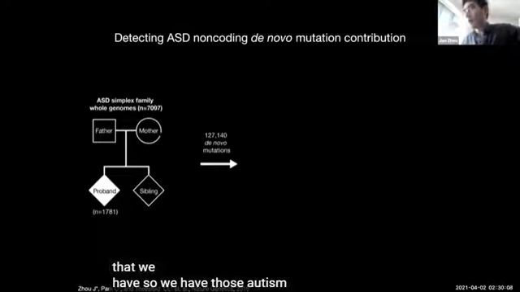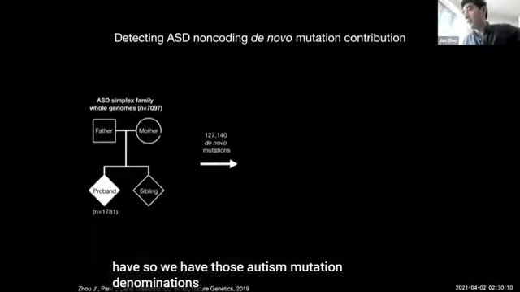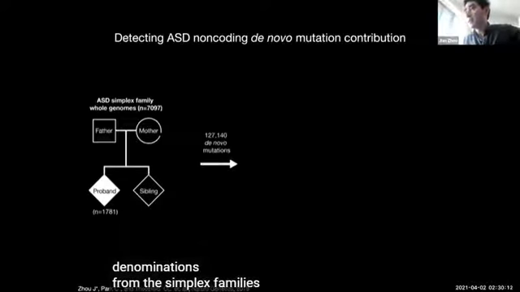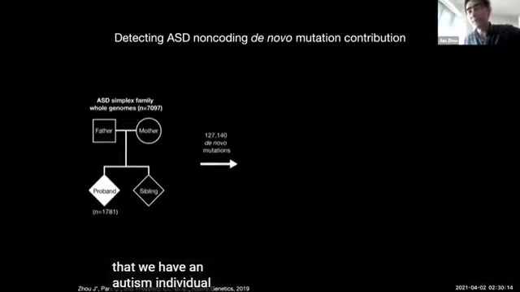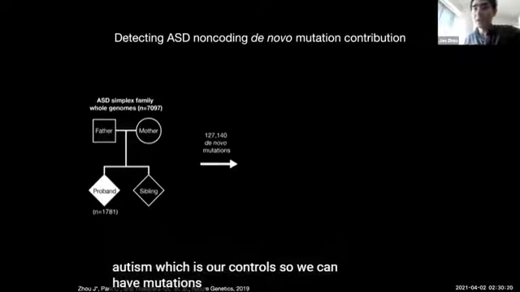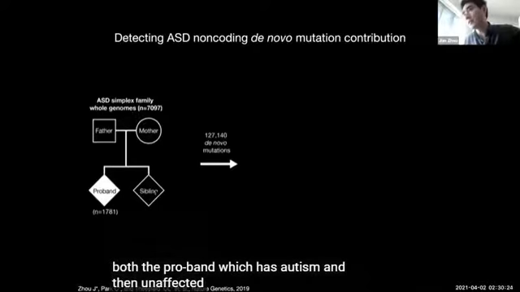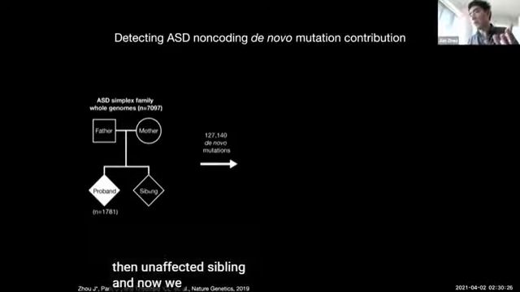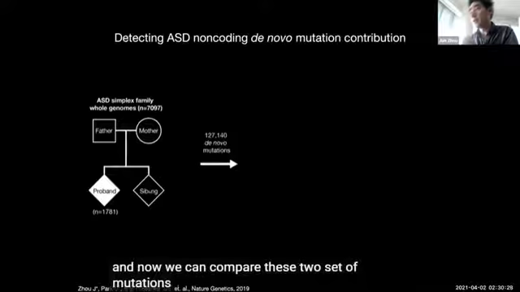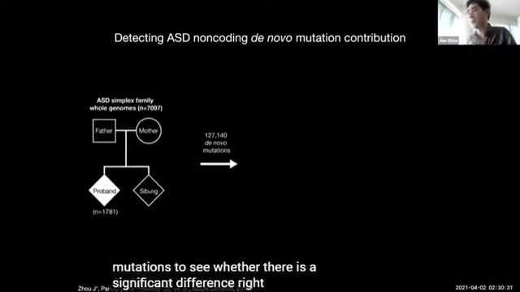So we have those autism de novo mutations from the simplex families, which means that we have an autism individual and another individual without autism, which is our control. So we have mutations from both the proband, which has autism, and an unaffected sibling. And then we can compare these two sets of mutations to see whether there is a significant difference, right?